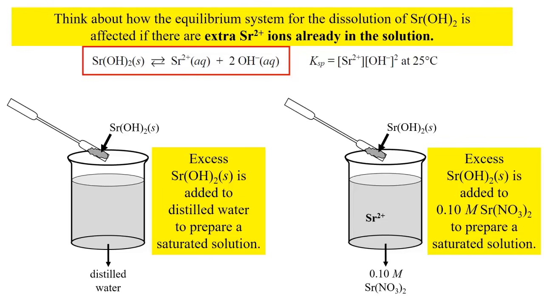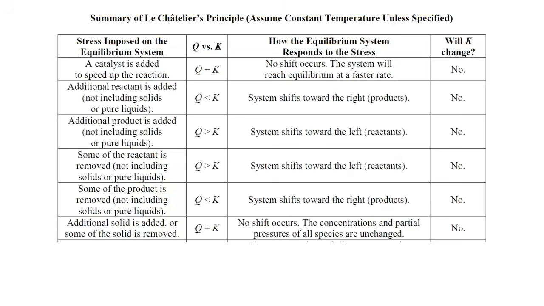Now, this might remind you of Le Chatelier's principle. In an earlier video where I was talking about topics 7.9 and 7.10, there were quite a wide variety of examples of a stress imposed on an equilibrium system and then how the equilibrium system responds to the stress.